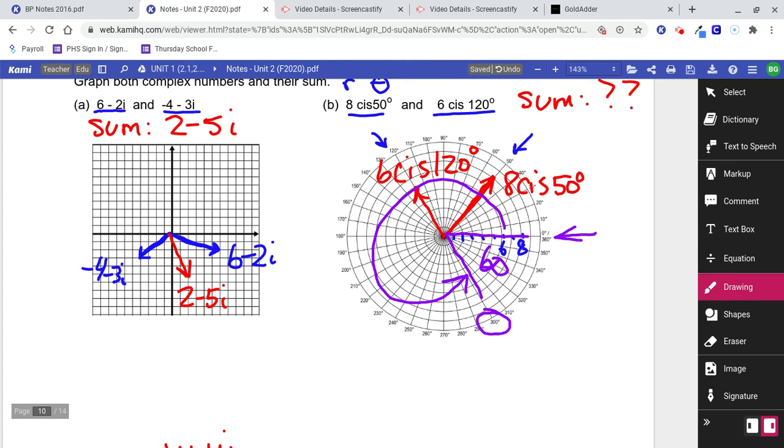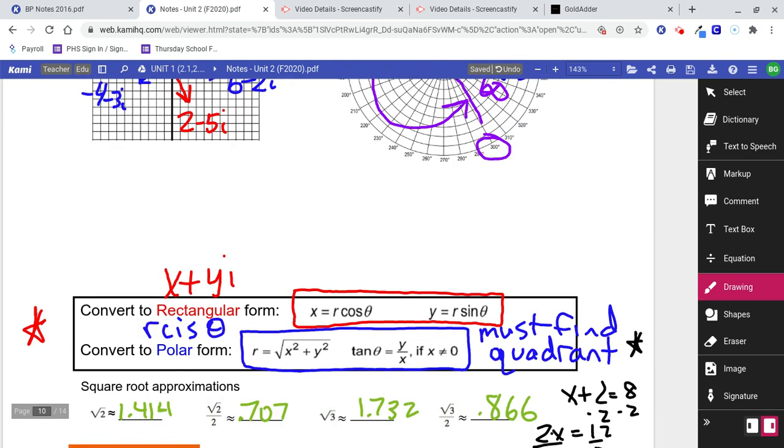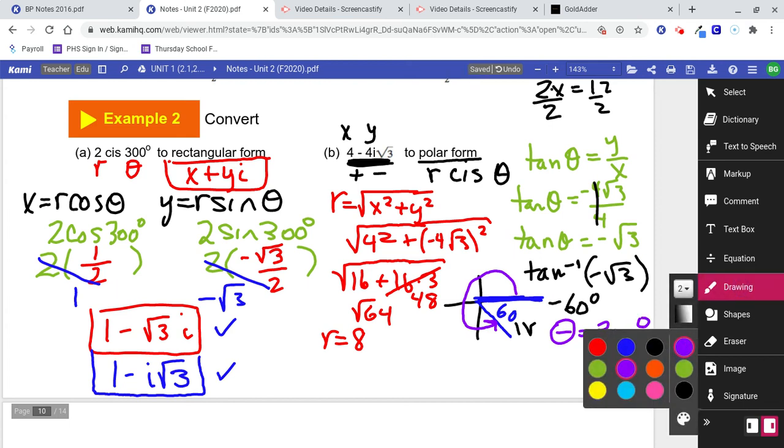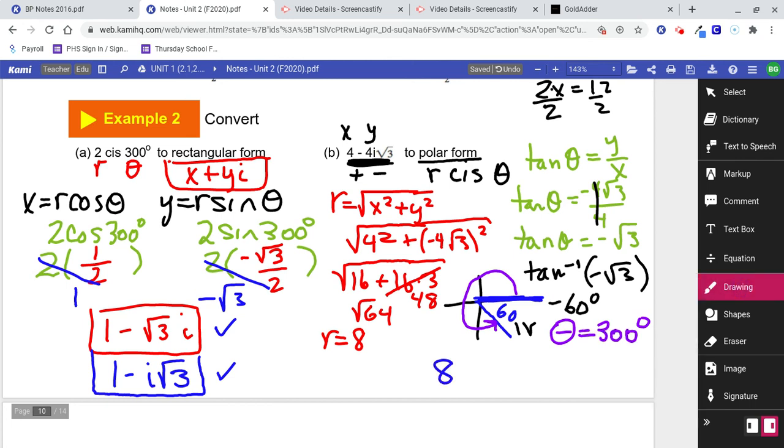It should make sense to you that that's going to be a 300-degree angle, and I didn't really have to graph it. I can sketch it if I want to, but 60 degrees away from 360 is 300. Theta equals 300 degrees. I know that's the hardest part. We're going to practice that though. So your answer, 8 cis 300 degrees. That is the vector in polar form.